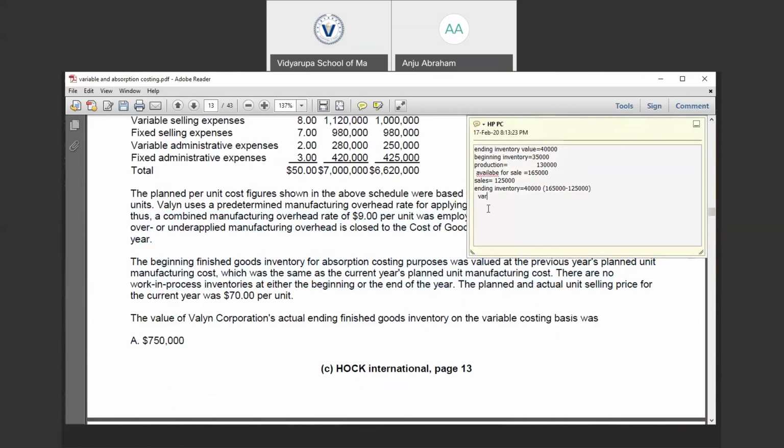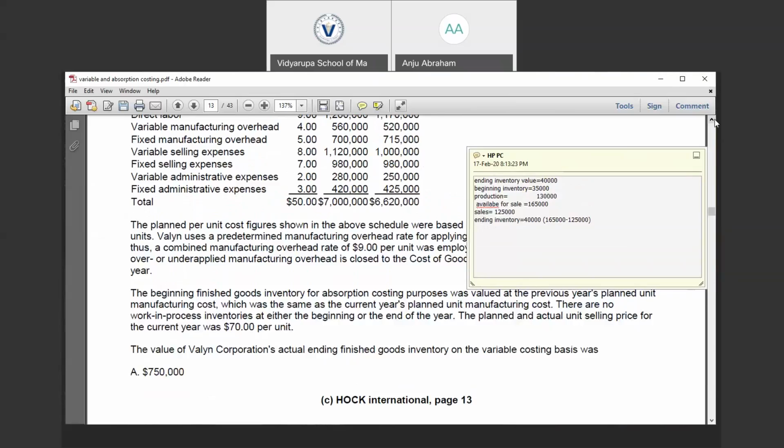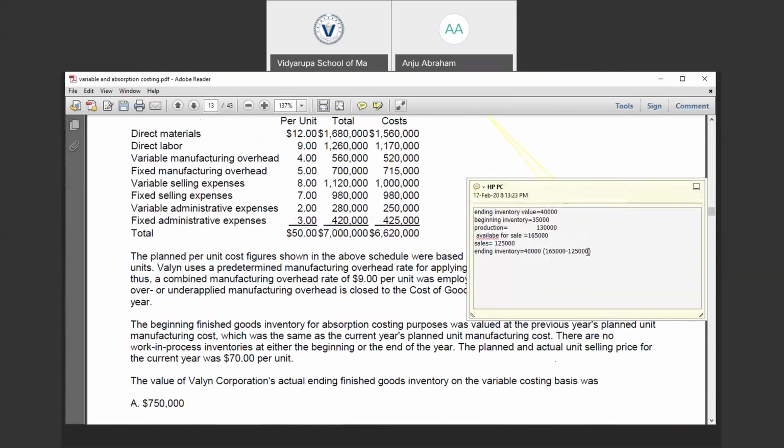So if variable costing is used, this ending inventory value only consists of the variable manufacturing cost. So what are the variable manufacturing costs? They include direct material, direct labor, and variable manufacturing overhead, which is 12 plus 9 plus 4, equal to 25 per unit.